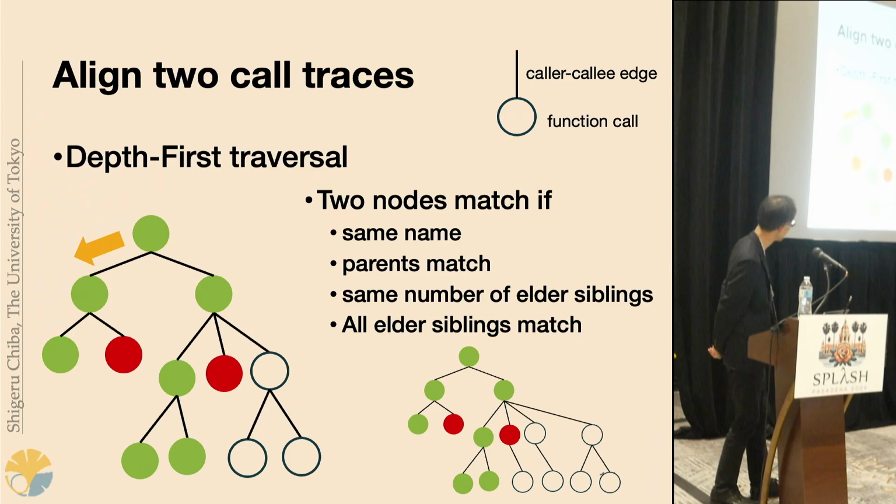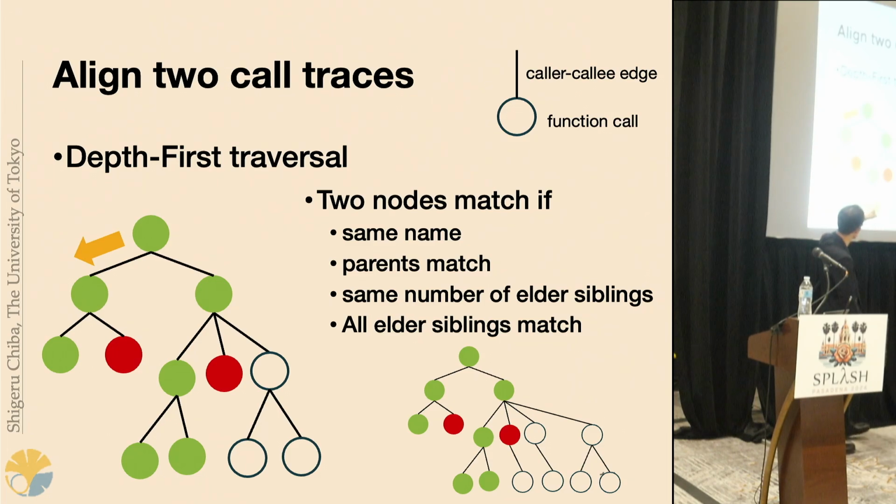So green means matching, and red means not matching. So the tool first starts with the root node along the depth-first traversal way. And in this case, because the red node doesn't match, maybe with a different name or, well, for other reasons. And then okay, so this one's before and that one is after.